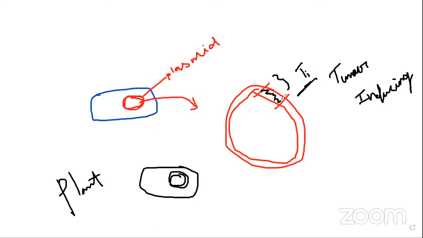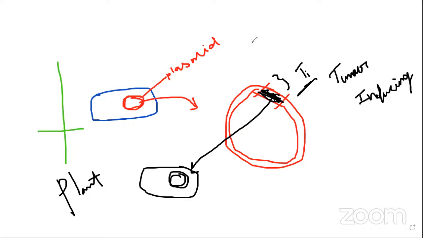When this portion incorporates with the plant DNA, as a result the plant shows the crown gall effect, when these two genes are united in the plant cell DNA molecules.